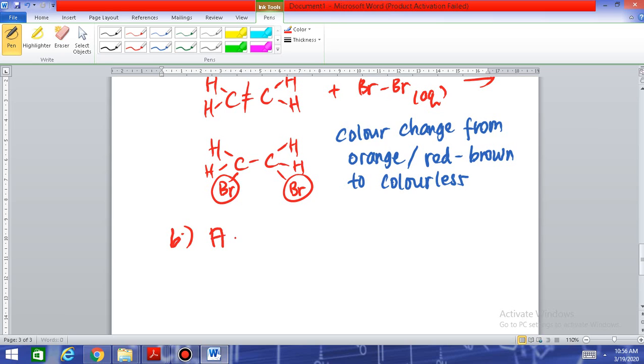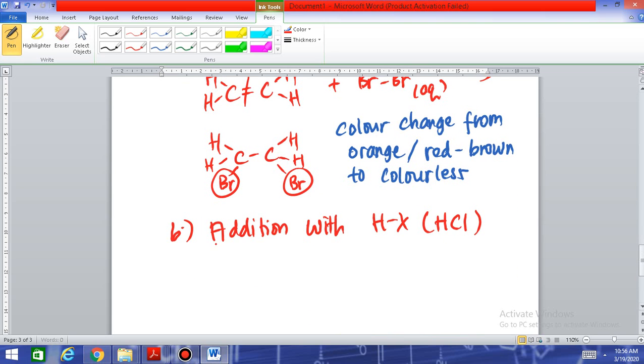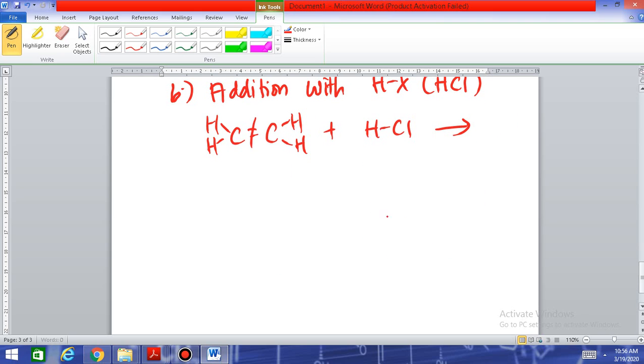Addition with hydrogen halide, for example, HCl, HBr. For example, hydrochloric acid. So similar reaction, I have ethene, it's reacted with hydrochloric acid, so the double bond is broken down into a single bond, and hydrogen and chlorine from HCl are added to carbon atoms.